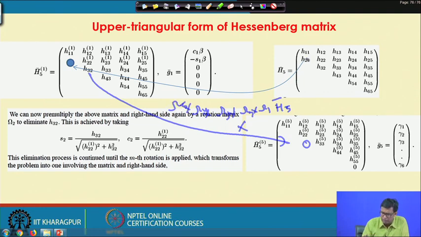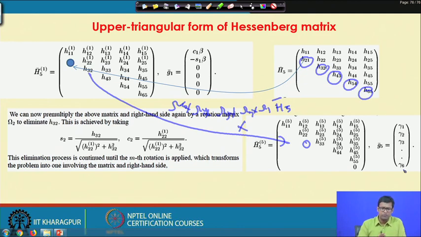So, with each multiplication, omega 1 cancels out this, omega 2 cancels out this, omega 3 cancels out this, omega 4 cancels out this, omega 5 cancels out this. So, finally, you end up in an upper triangular matrix, and the G bar 1 is G 1 or the G matrix is converted into a 6, all the terms are populated instead of 0. So, 6 non-zero terms in general come here.